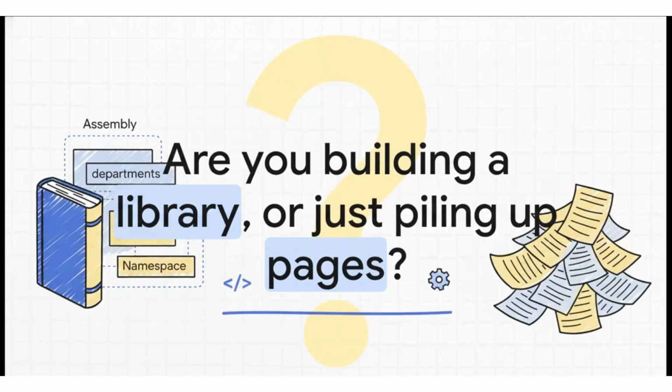So I'll leave you with this one last question to think about. When you look at your own projects, ask yourself this: are you thoughtfully creating a well-organized library of books, or are you just piling up a bunch of loose pages? The answer really lies in how you use your assemblies and namespaces.